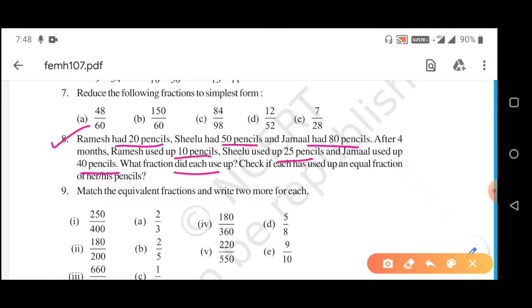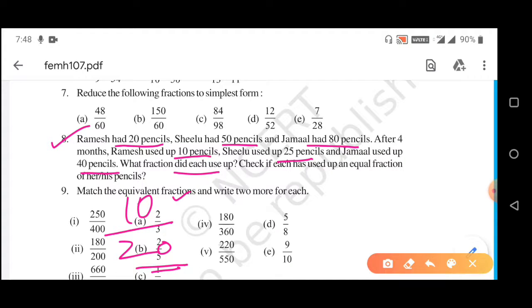So Ramesh used up 10 by 20 pencils, because in place of the denominator we have to write the total and in place of the numerator the used up pencils. So 10 by 20. We can convert it to the simplest fraction also, but first of all we will write all the fractions, then we will do that.